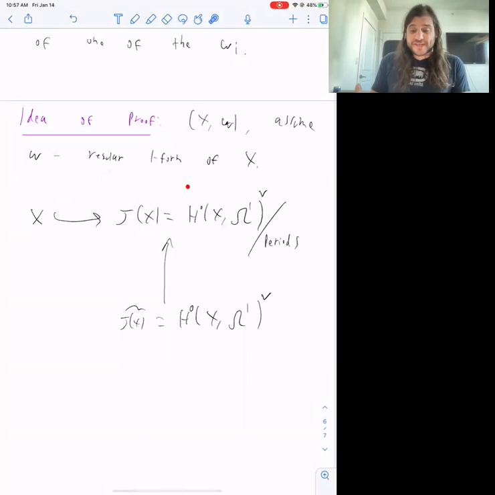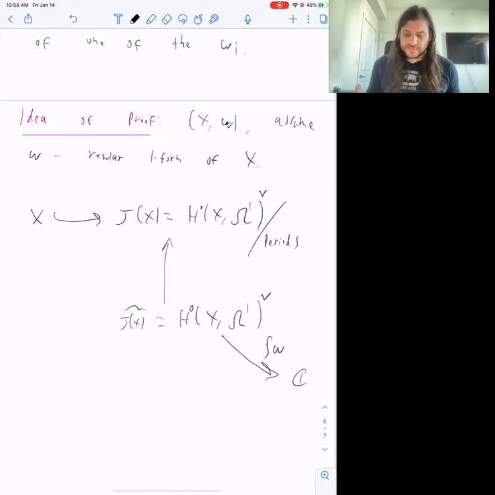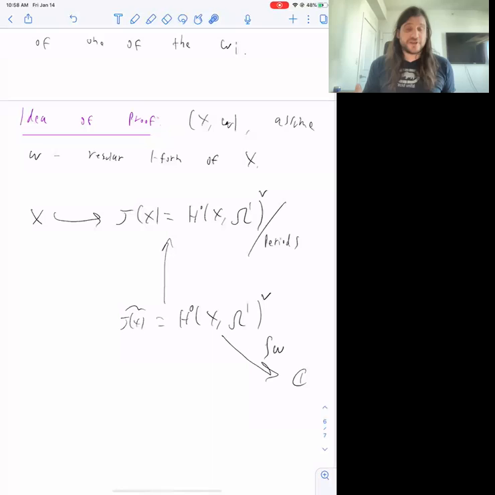And this map here is exactly defined by taking integrals. So one way to think about this is we now have a linear function from this universal cover to the complex numbers, which is just integrate the form omega. This is literally defined as the dual space to all differential forms. So given a differential form, i.e. omega, the one we started with, we can evaluate on that and get some linear function.